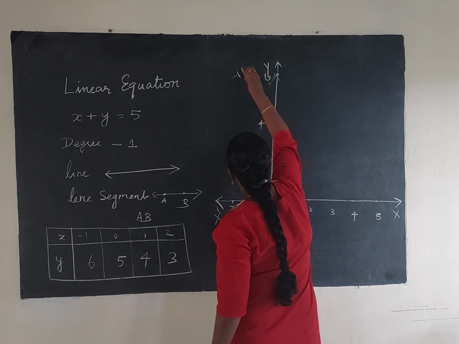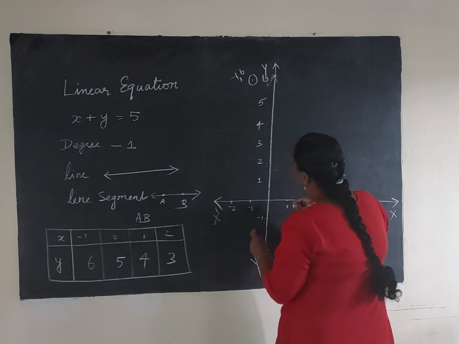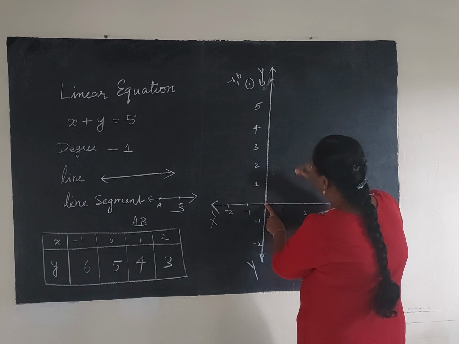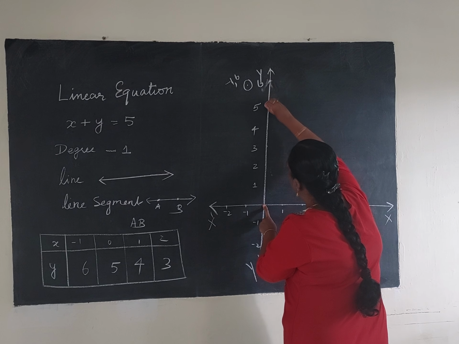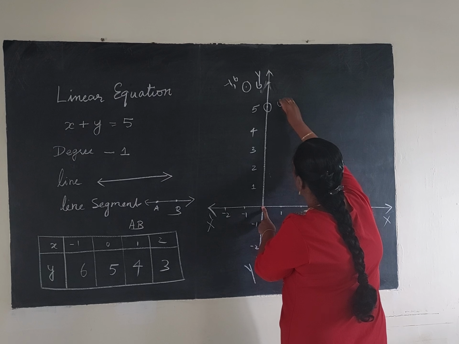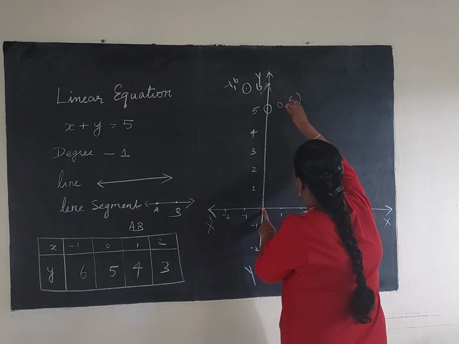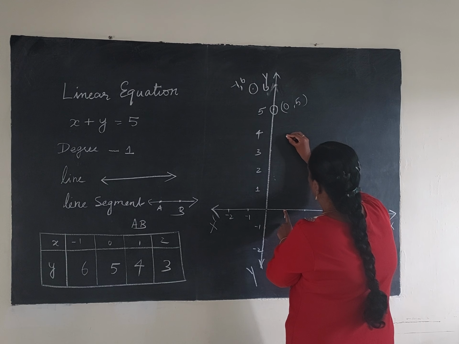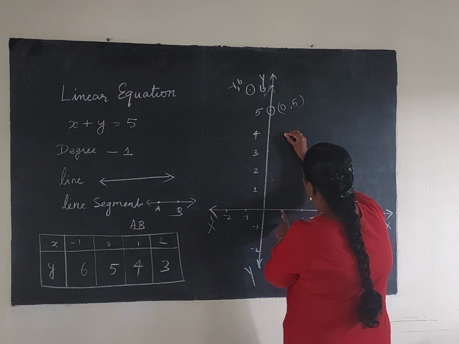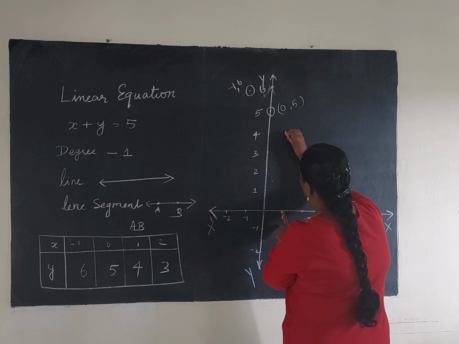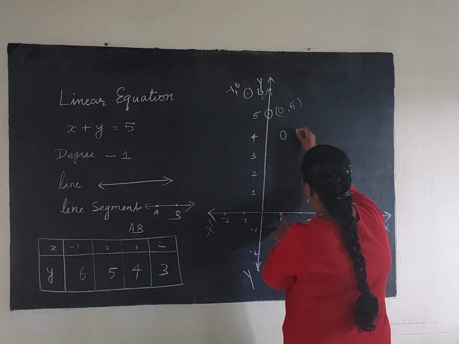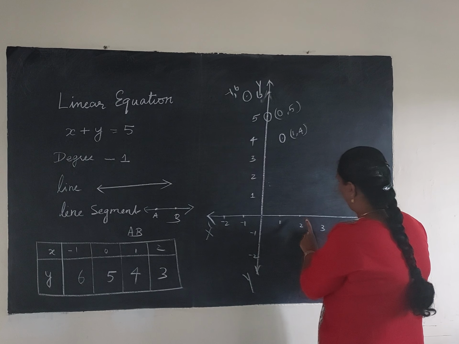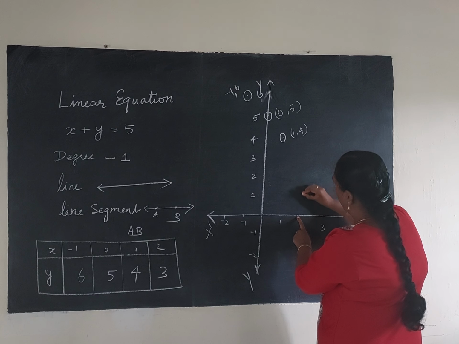The next point is 0 comma 5. See, here 0, here is 5. Next is 1 comma 4, so the point will be here. The next point is 2 comma 3.